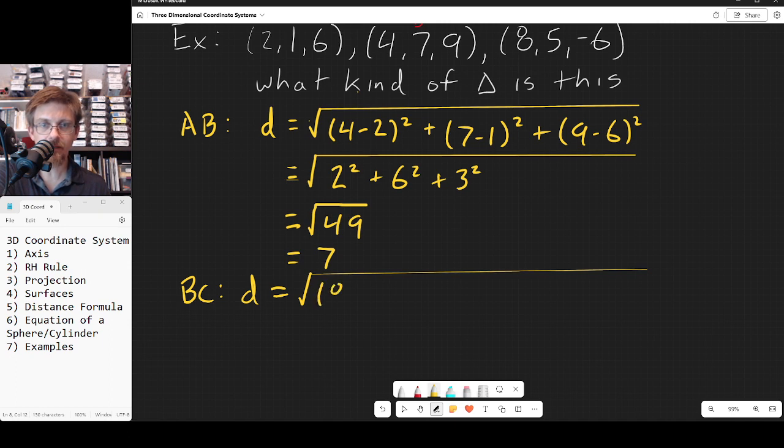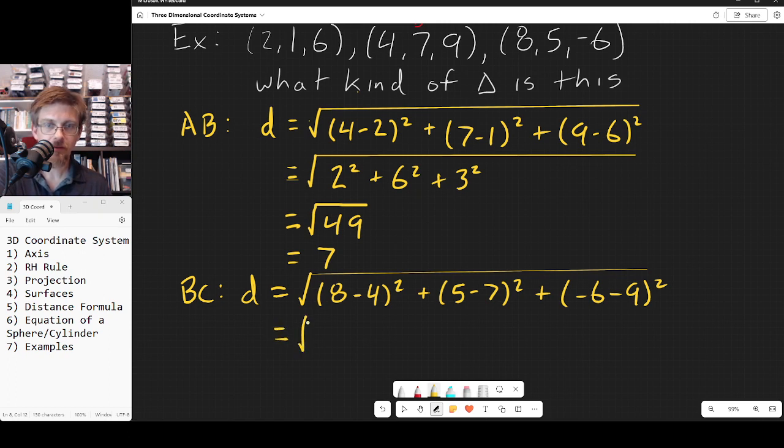So we've got 8 minus 4 squared plus 5 minus 7 squared plus negative 6 minus 9 squared. And so that is going to be equal to the square root of 4 squared, and then negative 2 squared, and then negative 15 squared.